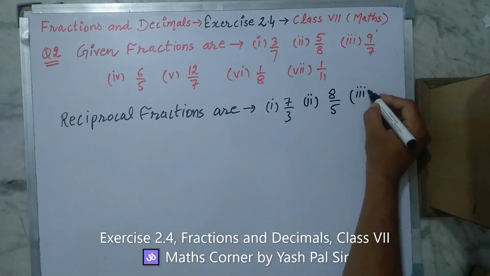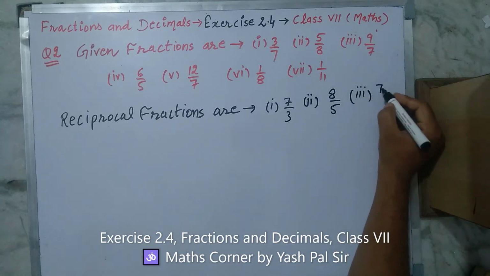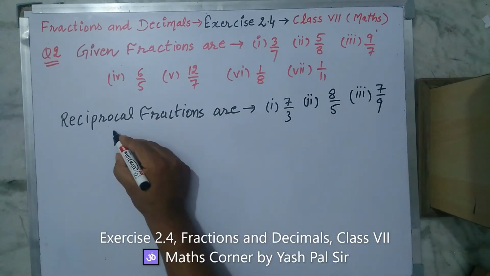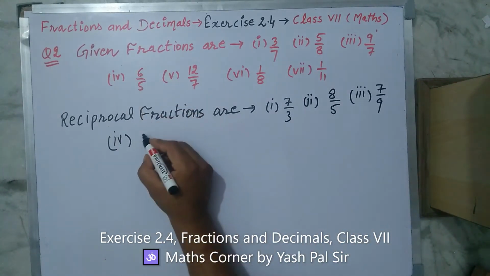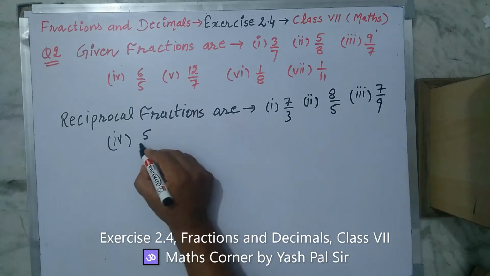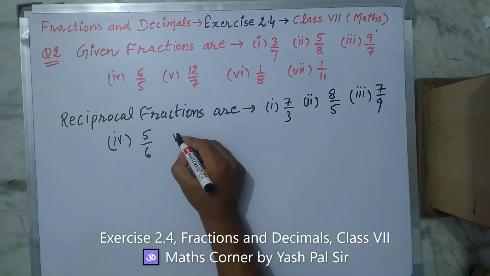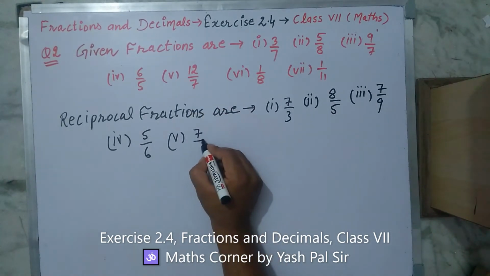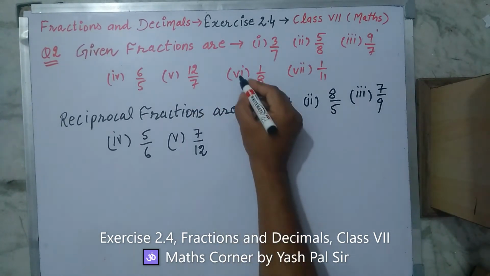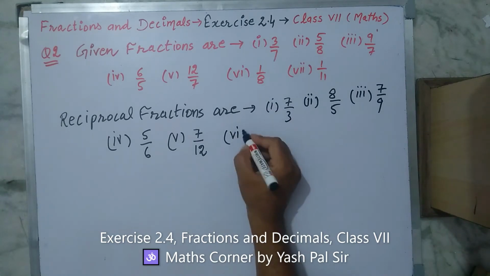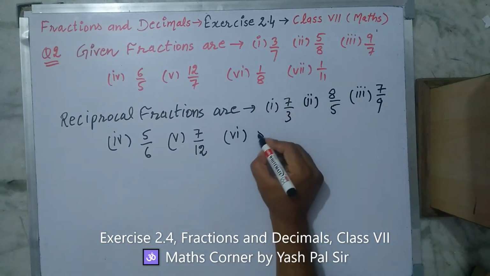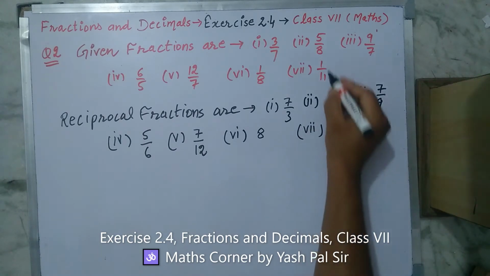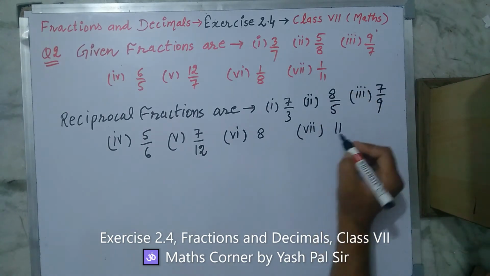Reciprocal of 9 upon 7 is 7 upon 9. Reciprocal of 6 upon 5 is 5 upon 6. Reciprocal of 12 upon 7 is 7 upon 12. Reciprocal of 1 upon 8 is 8. Reciprocal of 1 upon 11 is 11.